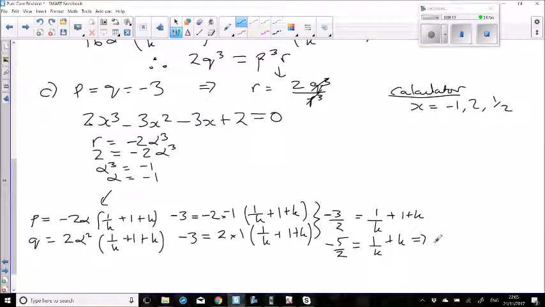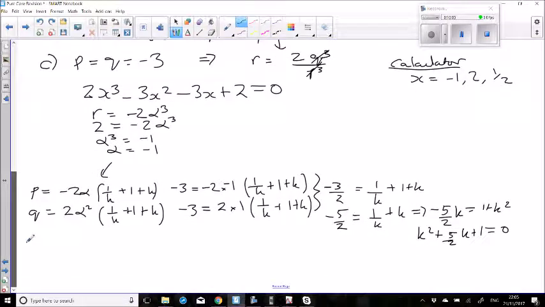You can then multiply everything by k. Right, so we've got k squared plus 5 over 2 k plus 1 equals 0. This way is actually quite long-winded. You get to k is -1/2 or -2.